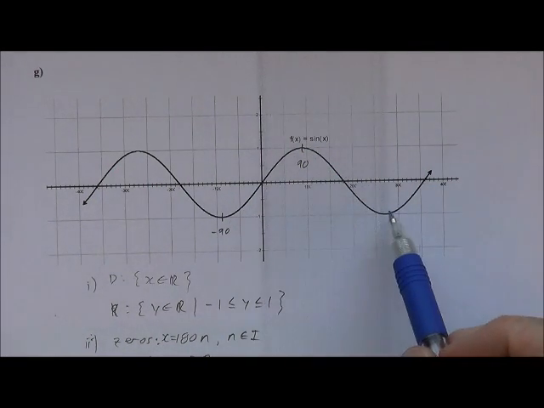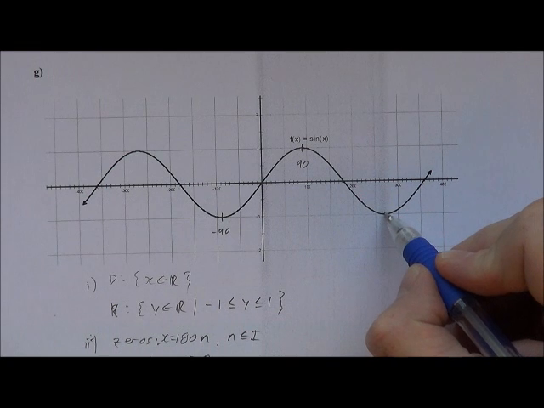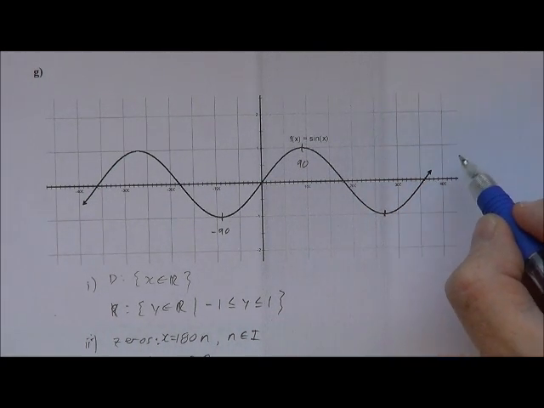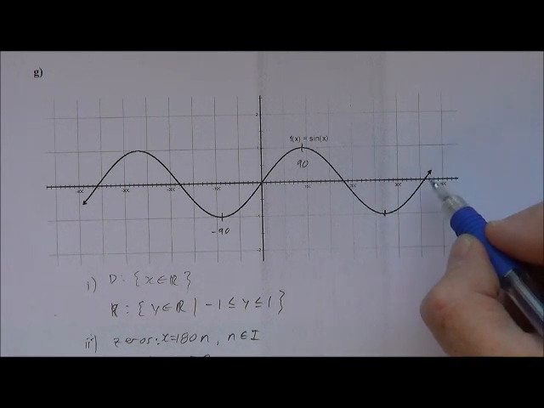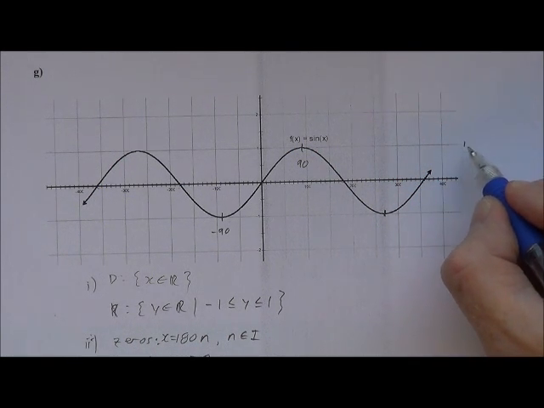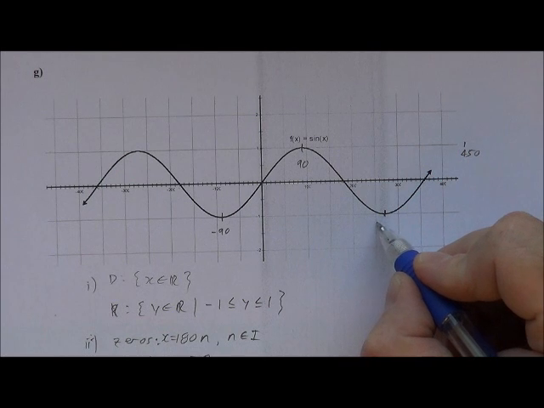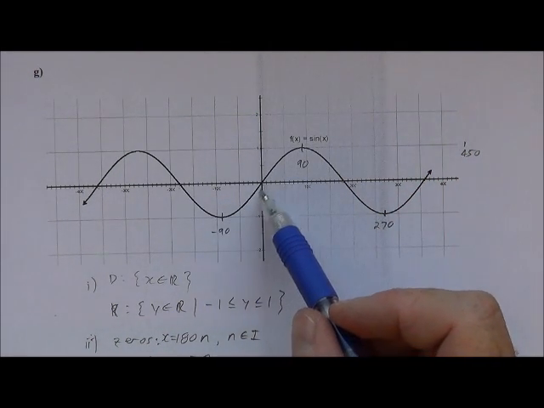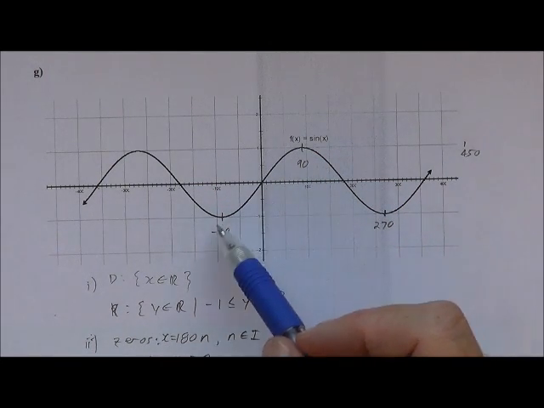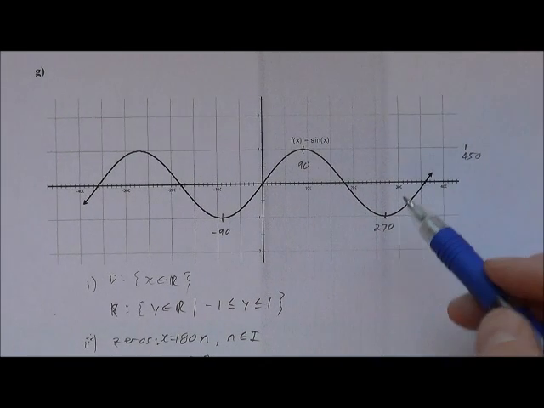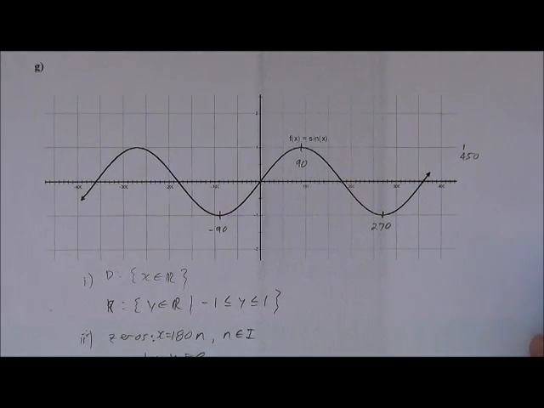And then it begins increasing again at positive 270 and continues up to 450. Okay, so it looks like here it's increasing for a whole 180 degrees, and it takes 180 degrees to decrease, and then it increases again for another 180.